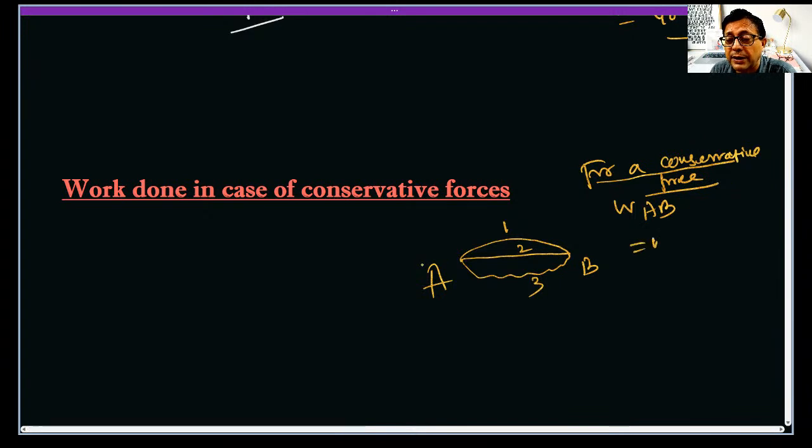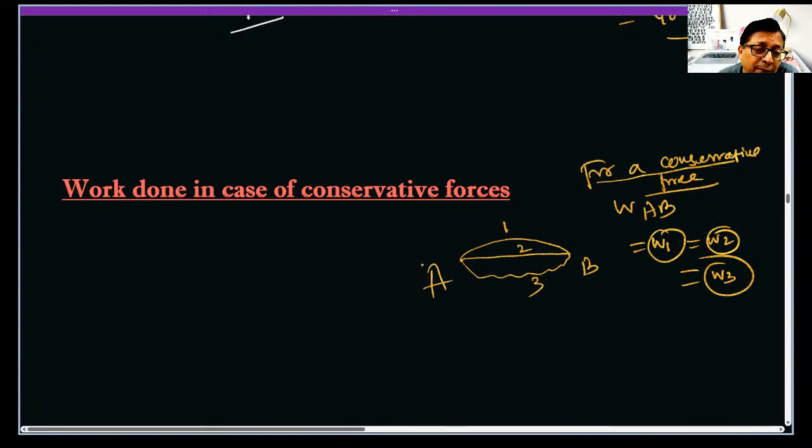WAB is W1 or W2 or W3. Whatever direction you take, this work done will depend on the initial and the final position. So for conservative force, work done will be the same as before.